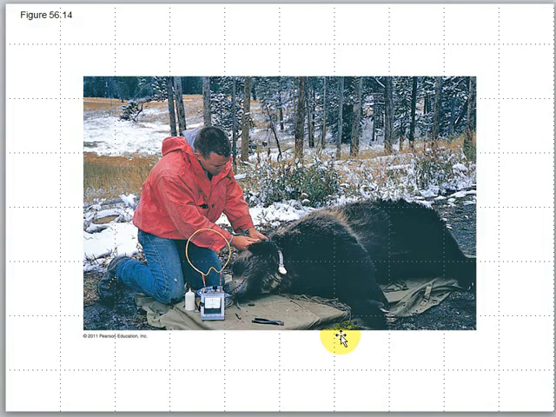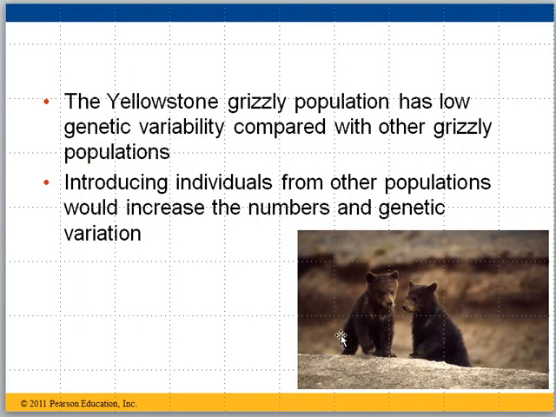The Yellowstone grizzly population has low genetic variability compared with other grizzly populations, and that's because Yellowstone is sort of an island of ecosystem, and it's somewhat surrounded on some parts by civilization, and so the bears within this park don't have the free range necessarily that other bears, say in the wilds of Alaska, do.